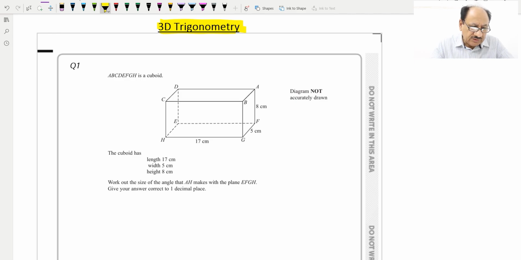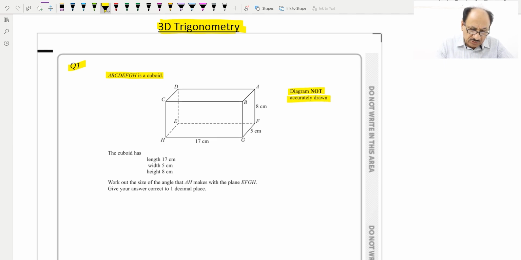You will have to conceptualize, you need to understand the 3D diagram properly, then you will be able to answer the question. So let us go to question number 1. ABCDEFGH is a cuboid, and keep in mind the diagram is not drawn to scale.